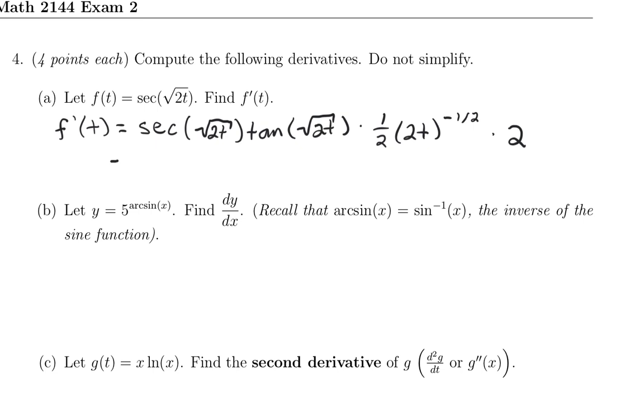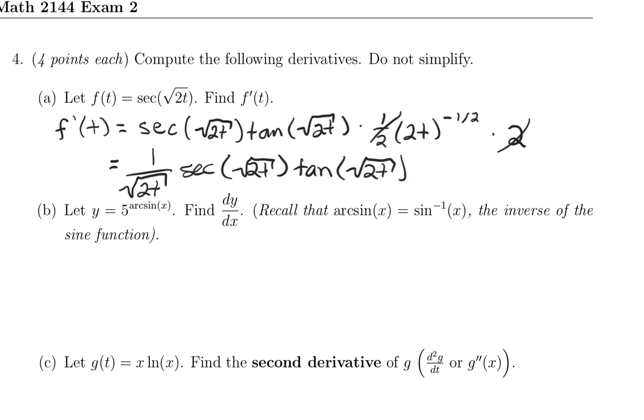So to simplify this, we'd get, let's see, this 1/2 would cancel with the 2. So it'd be 1 over square root of 2t times secant of square root of 2t times tangent of the square root of 2t.